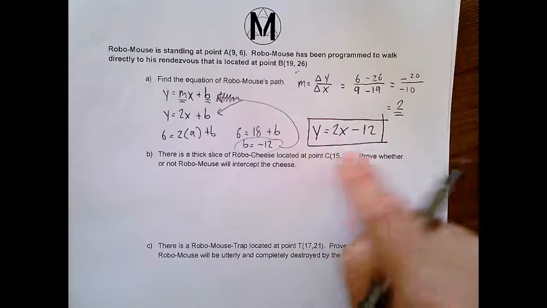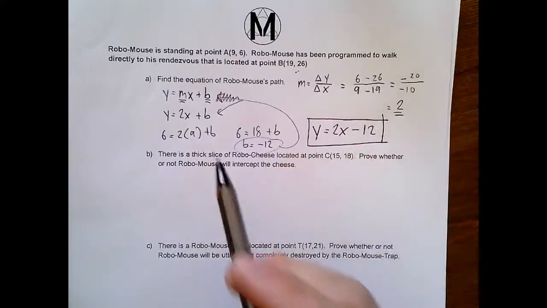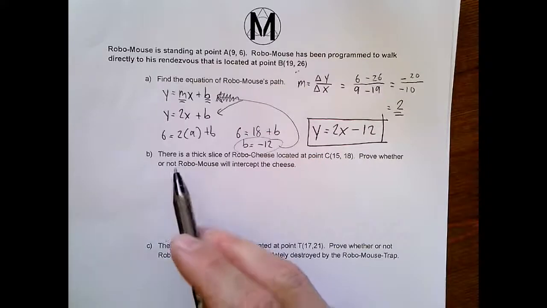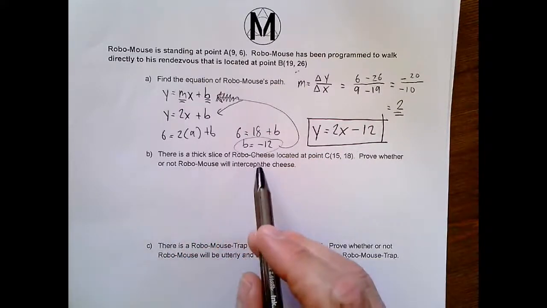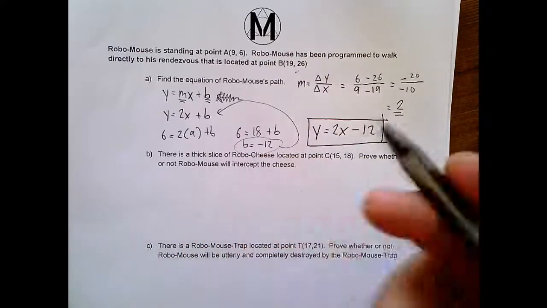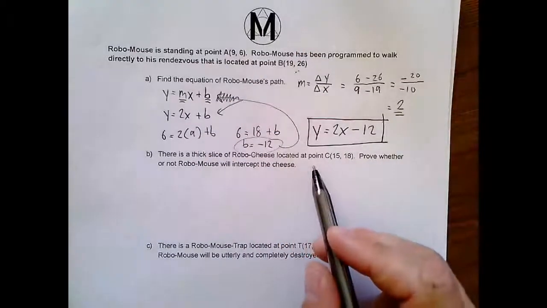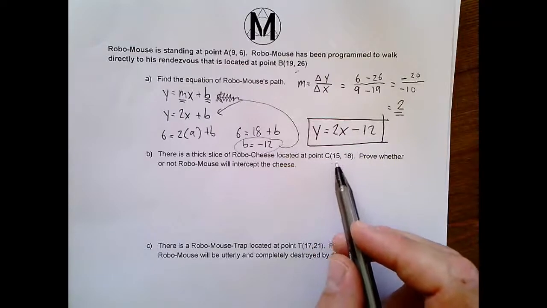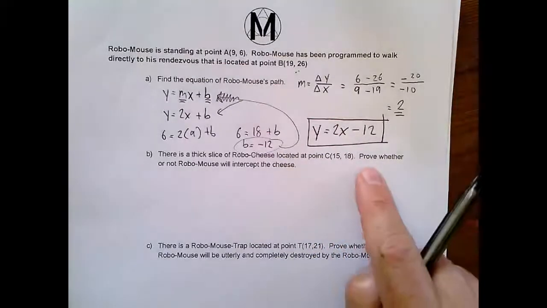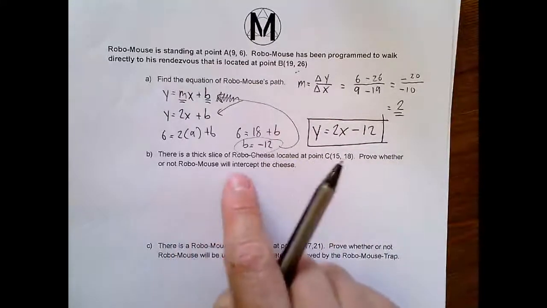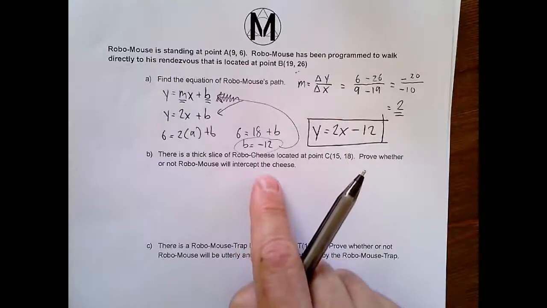Then it says, there is a thick slice of robo-cheese. Makes sense, right? Robo-mouse would eat robo-cheese. This cheese is located at point C, which is (15, 18). It says, prove whether or not robo-mouse will intercept the cheese.